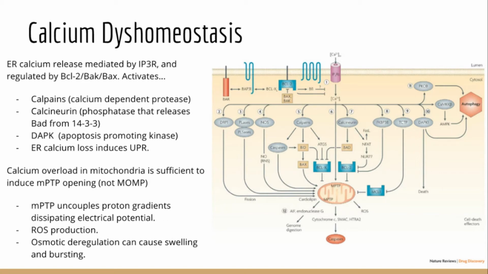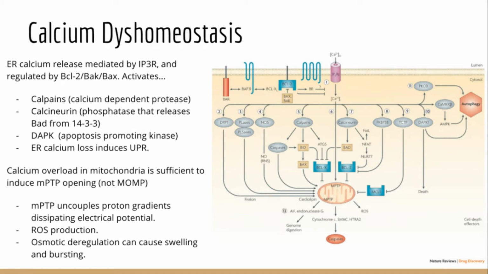And this causes the unfolded protein response to be initiated because BIP dissociates from IRE1 and PERK and a couple other things. But what you need to know is that the calcium is also needed in the ER. So the movement from the ER to the cytoplasm is causing cell death in multiple ways.